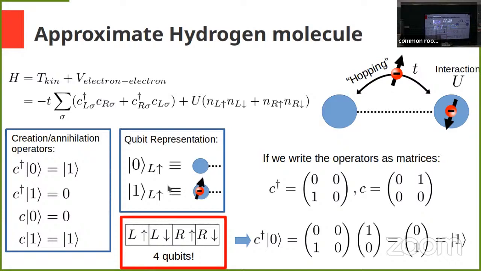So now we have a representation. If we use one qubit for each degree of freedom, so site and spin, we can basically encode the state of the system, a quantum state, with qubits. So we have 4 qubits, each single one representative of 1 degree of freedom, either left side or right side, or spin up and down.